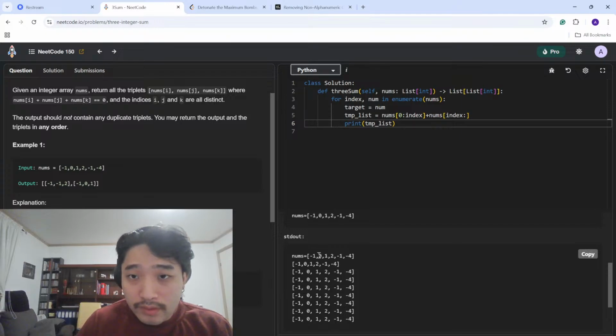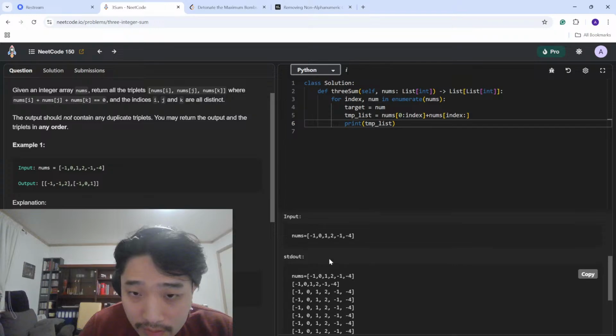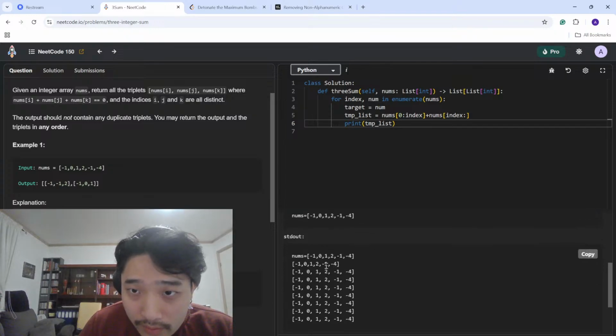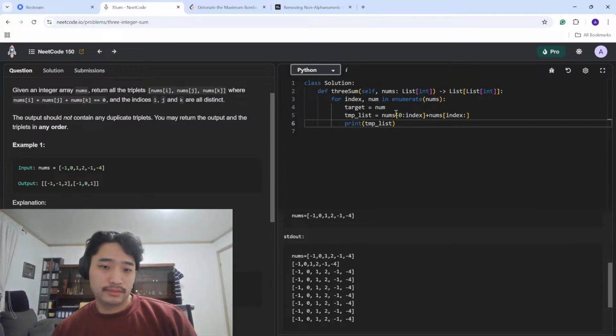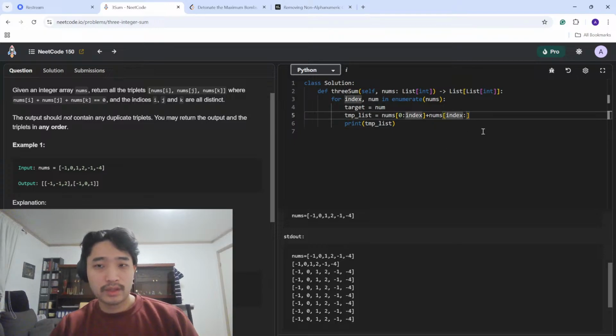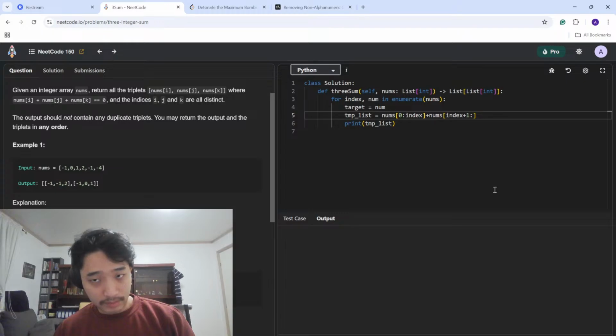So nums, okay. Why did it print out? For the first one, it should have been incorrect. This might be correct then.